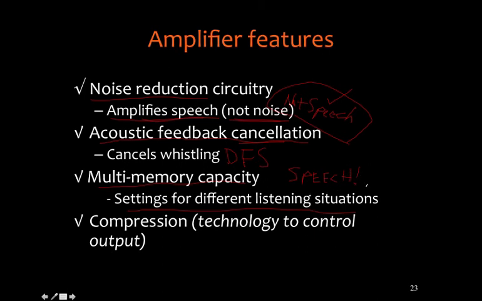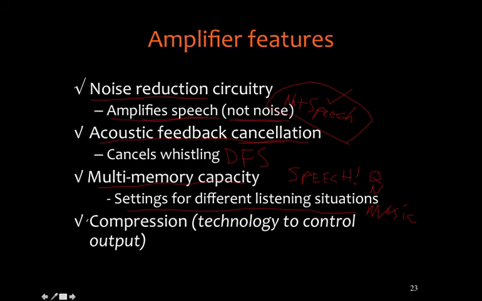It might be speech in quiet versus speech in noise. It might be listening to music, where a person might want things at a much higher amplitude. So it gives them the capacity to have different sound quality settings as a function of different situations.